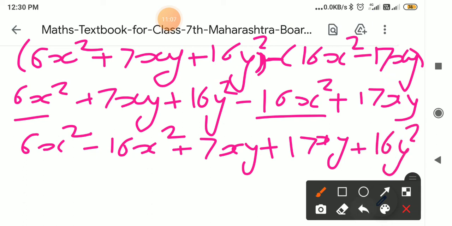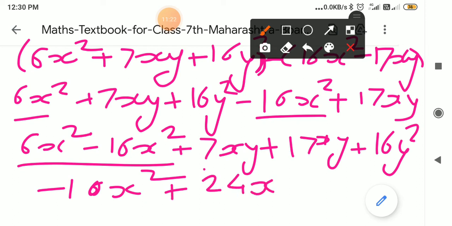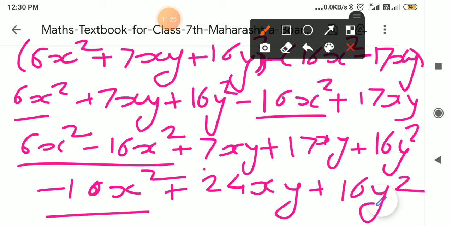The subtraction of these two is 10, and the bigger number's sign applies, so minus 10x square. Then 17 plus 7 is equal to 24xy and plus 16y square. Okay, in this way we have to solve the example by the horizontal method.